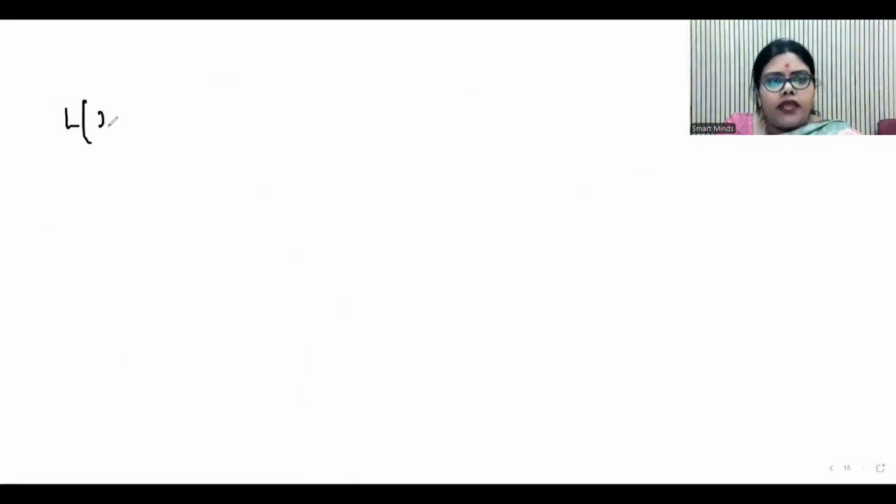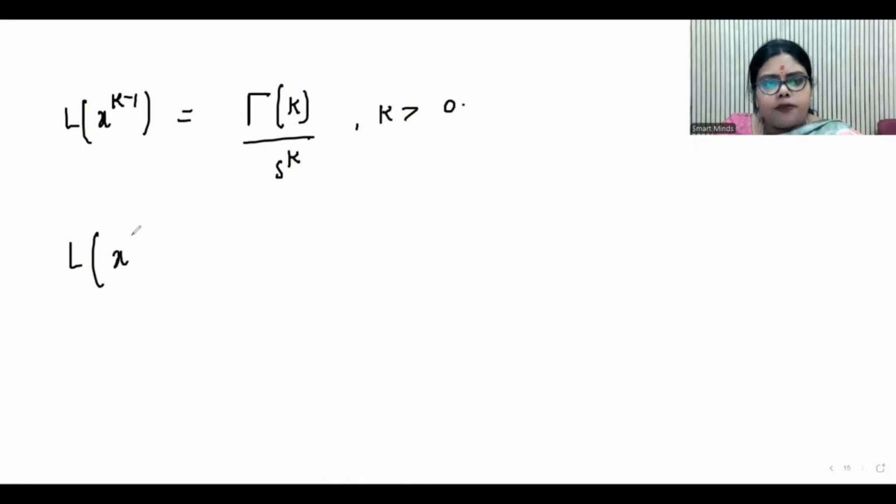L of x^(k-1) is equal to gamma of k by s^k, where k is greater than 0. Now L of x^(-1/2) is gamma of 1/2 by s^(1/2).